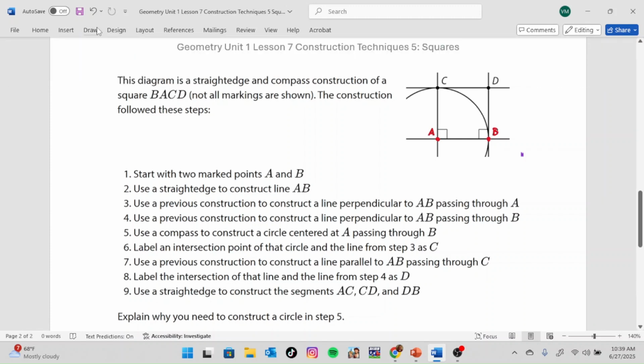Use a straight edge to construct line AB. So they took a straight edge and they made sure it went through A and B.